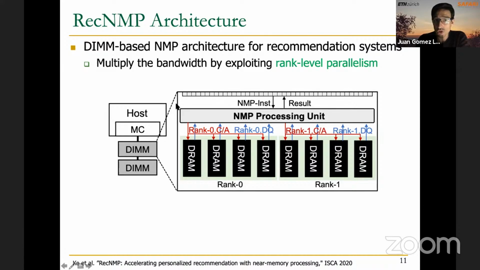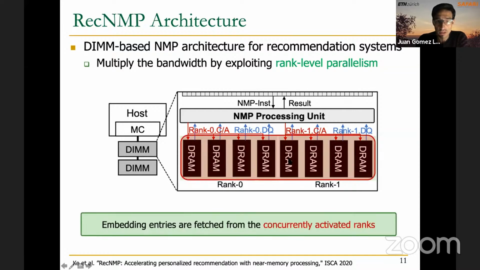And the key idea is to multiply the bandwidth by exploiting rank-level parallelism. As you can see, the embedding entries, the input to these SLS operators, are fetched from the concurrently activated banks. Observe that if we have 2 ranks, we can multiply the bandwidth by 2, but the good thing is that we may have even more ranks in every channel, so we could be operating on all these different ranks at the same time.